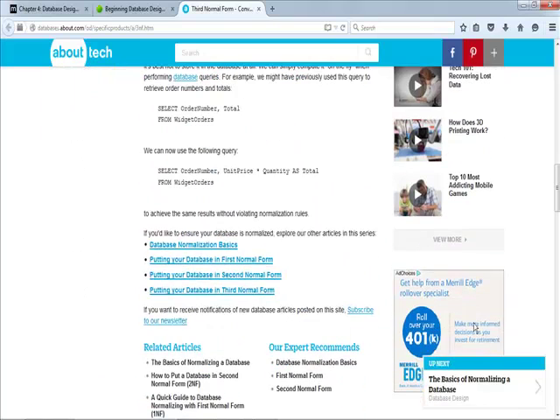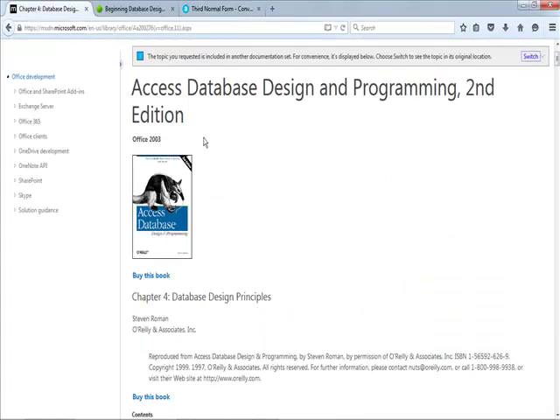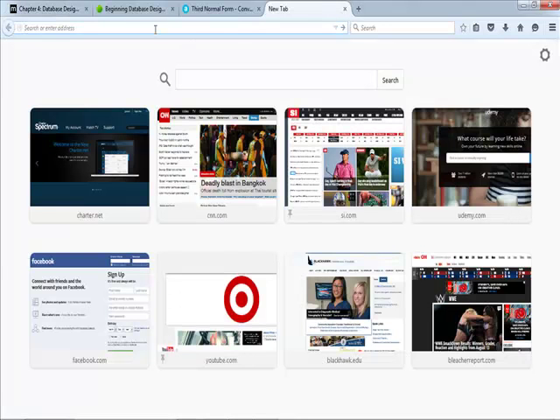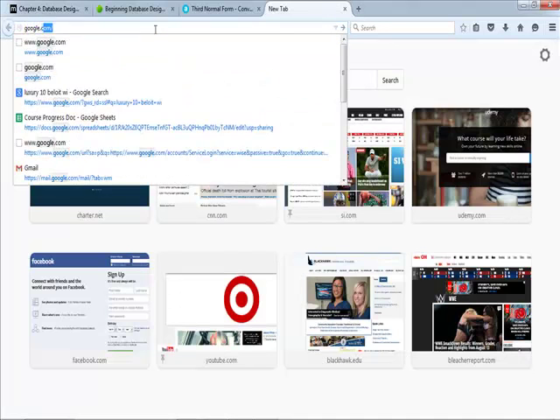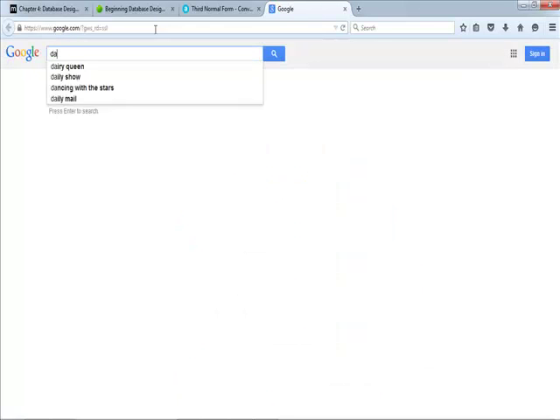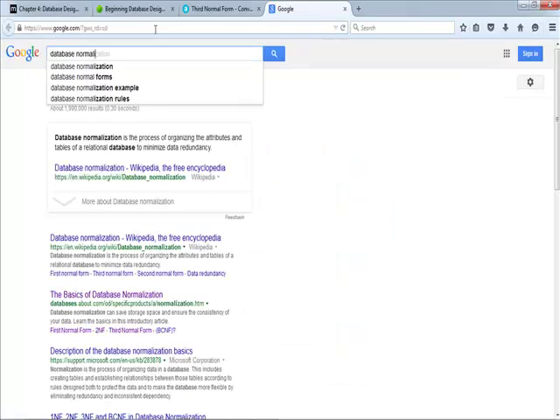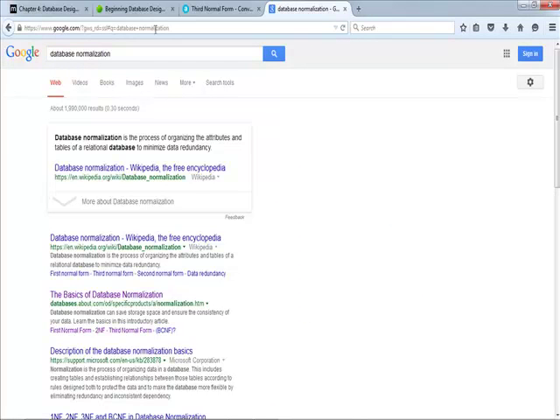Now, that was very quick. Again, I'd strongly suggest that you go back and you take a look at this. Again, if I come in here and I Google and I put in database normalization, 1,990,000 hits.